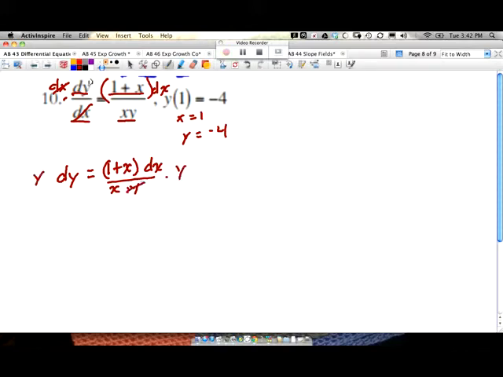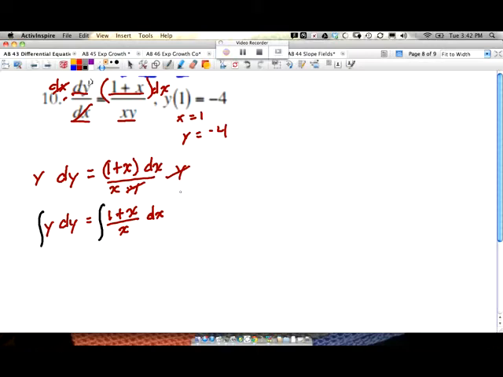Let's do that. So multiply by y on both sides. And that would give me y dy is equal to (1 plus x) over x all times dx. Alright, not too bad. So now we're ready. We have y's with dy's, x's with dx's, and we are ready to integrate.